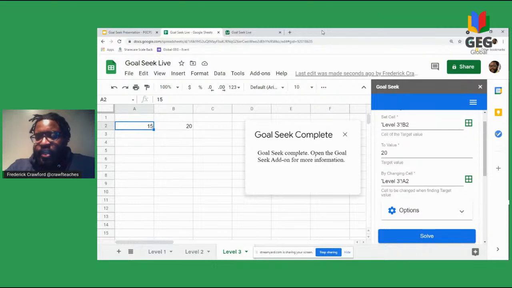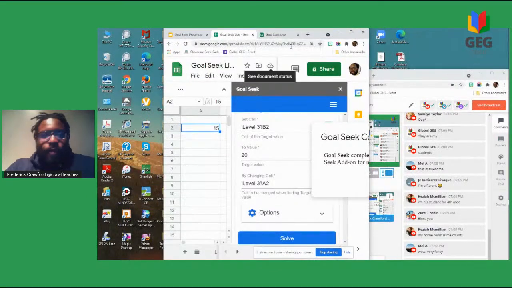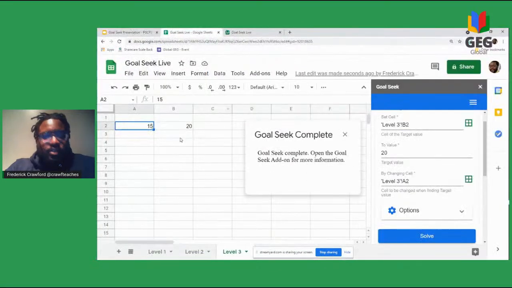Just give me any number that I can use as my guess. All right. So let's try 6 this time around. So I'm going to go ahead and solve.